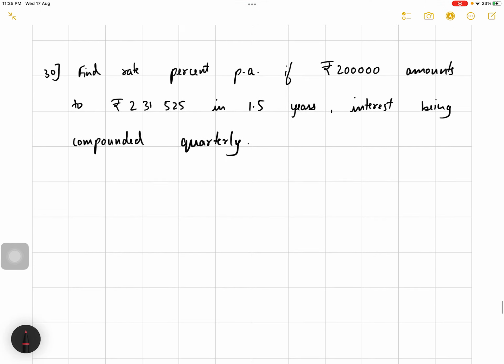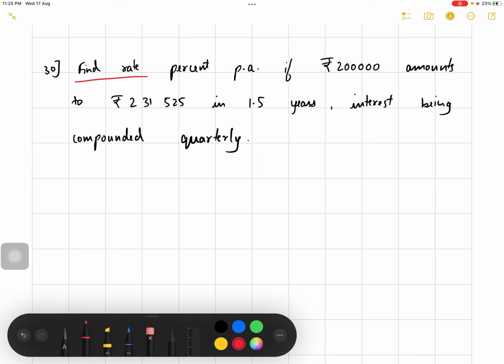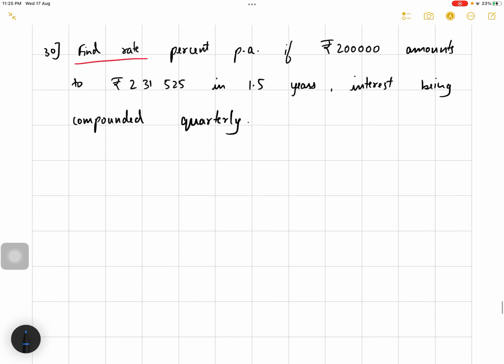Let's come to the next question. Find the rate percent per annum if rupees 2 lakh amounts to rupees 2 lakh 31,525 in 1.5 years, interest being compounded quarterly. The formula to find r, because the rate is asked, so you have to compute r.